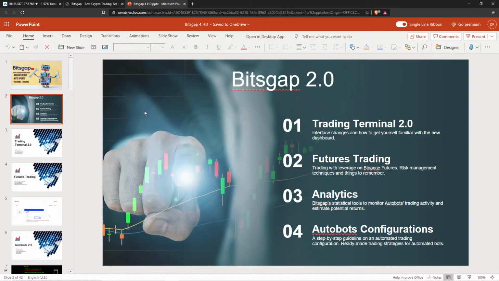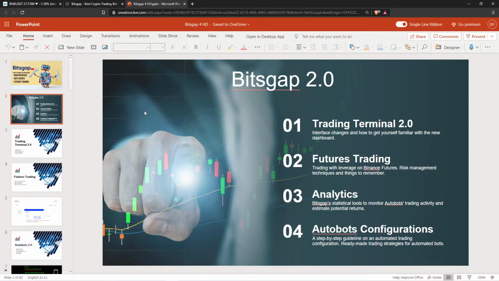Today I will cover first of all the features of the trading terminal and futures trading, which is finally enabled. What are the steps to start trading futures on Bitsgap? Then the analytical tools that we have developed to empower you with efficient instruments to discover optimal strategies, to analyze the market, and to find optimal automated configurations to achieve the biggest results.